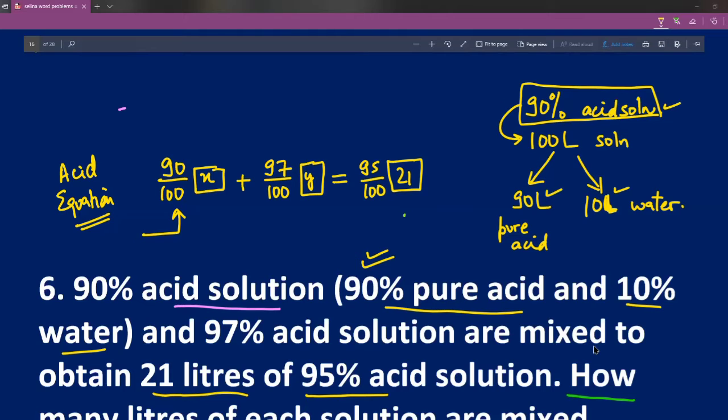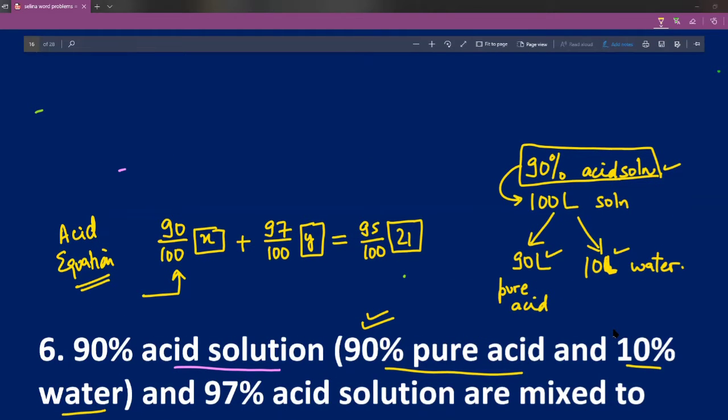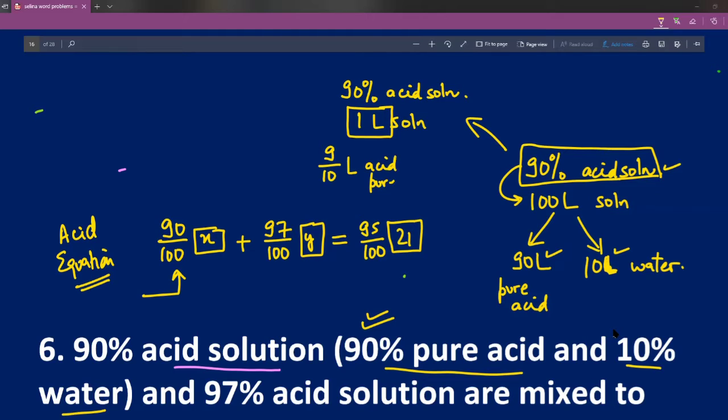Now, if I take this argument further, if I take 90% acid solution of 1 liter, volume is 1 liter. Now in this unitary method, 9 by 10 liter will be pure acid, and 1 by 10 liter would be water.